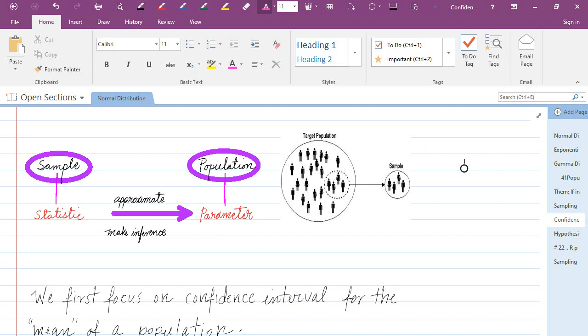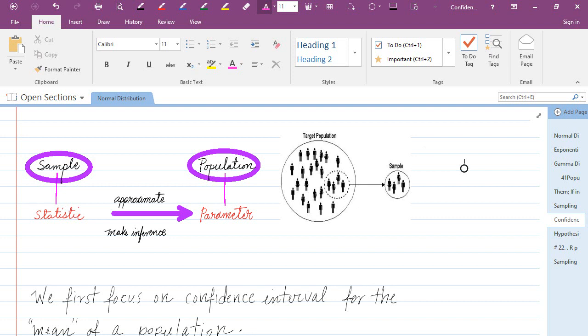To estimate the population parameter, we take a sample and we calculate a corresponding sample statistic, which would be, let's say, the sample mean of height.